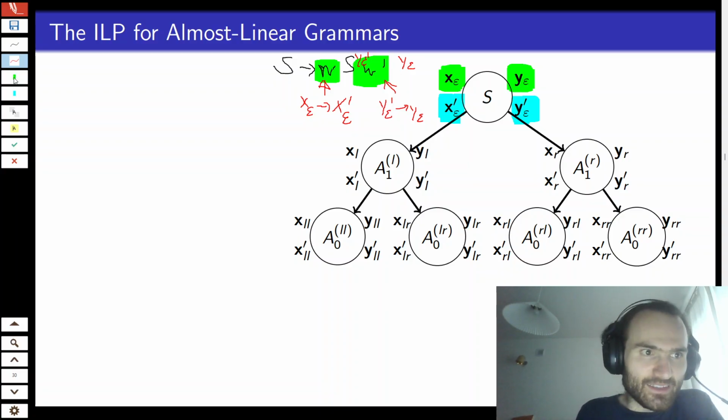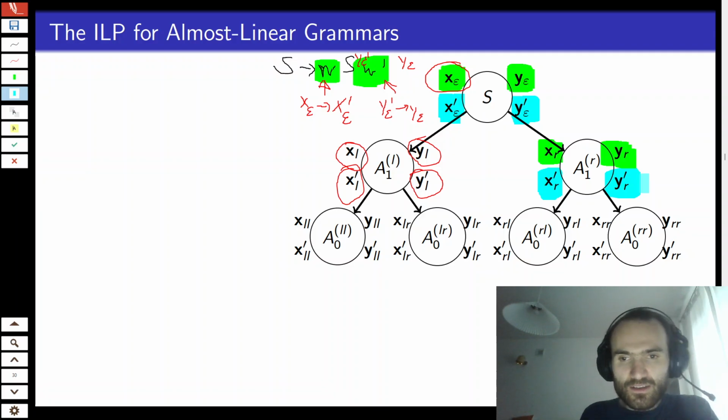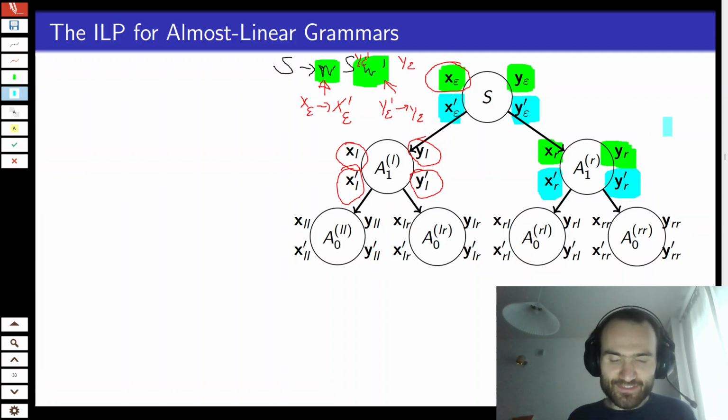And this will be what these variables here are describing. And of course, you don't just have these variables in one SCC, but in every single SCC. So also here you have these variables, also here, and so on.